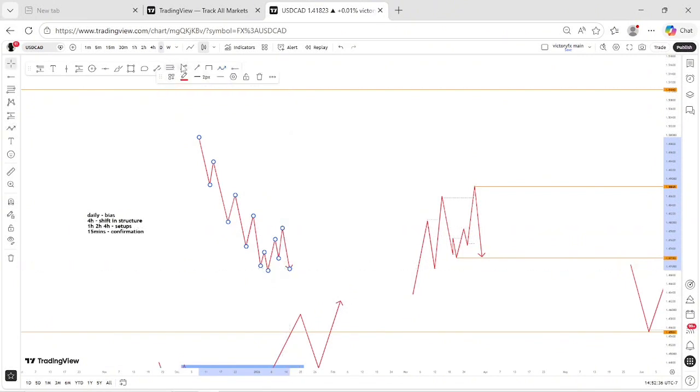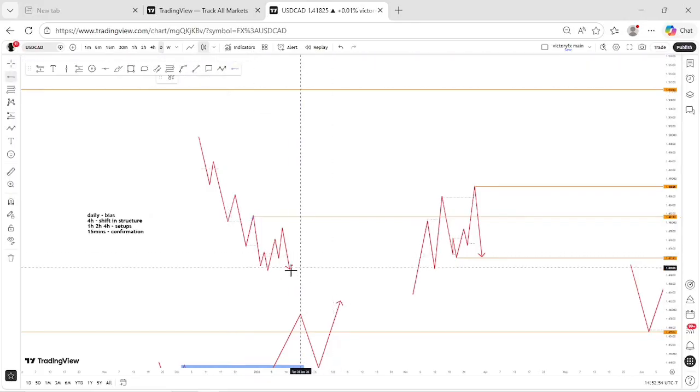This was a bearish structure. You have break of structure, and after the break of structure, remember we have the protected high, and then we have the weak low. So now you see this sweep of liquidity.